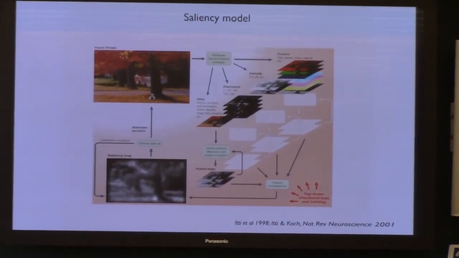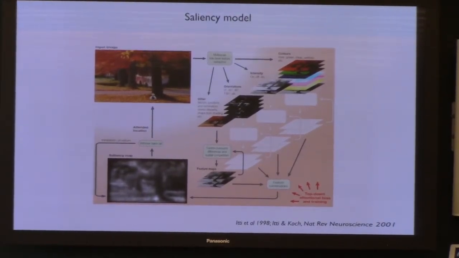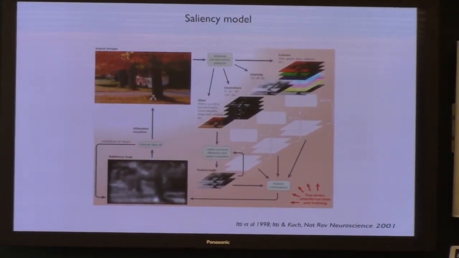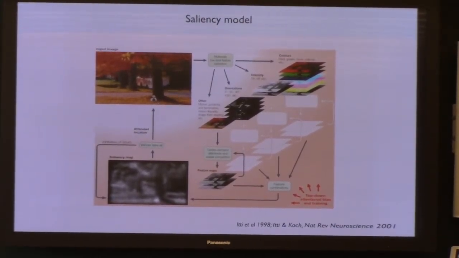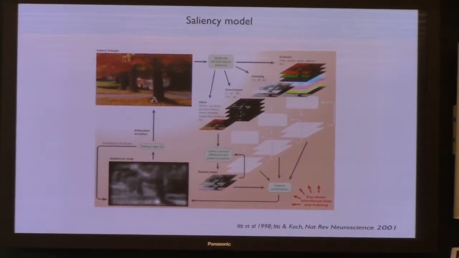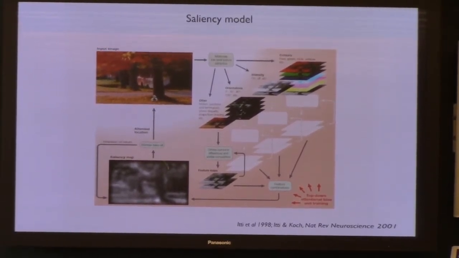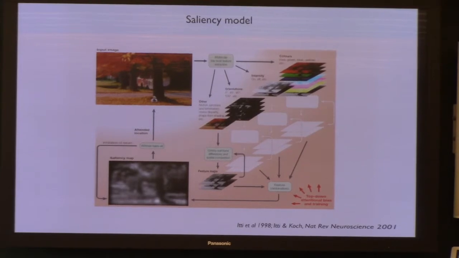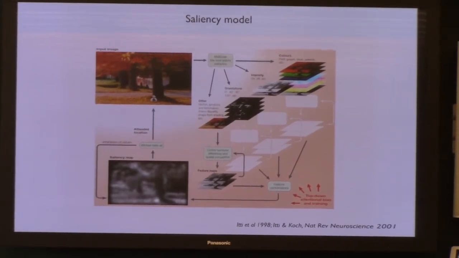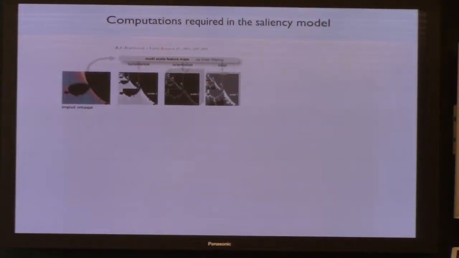I'll tell you quickly what this model does: it uses the image and decomposes it into different features like color, intensity, orientation, and so on, and then performs certain computations on them, and it comes up with a saliency map which tells you what the salient locations in the image are, which means where people are going to look if you show them this picture.